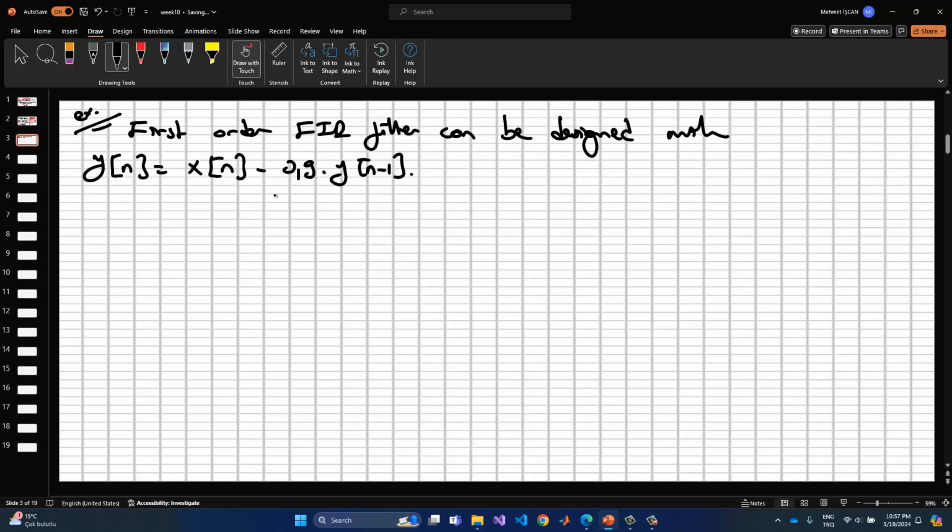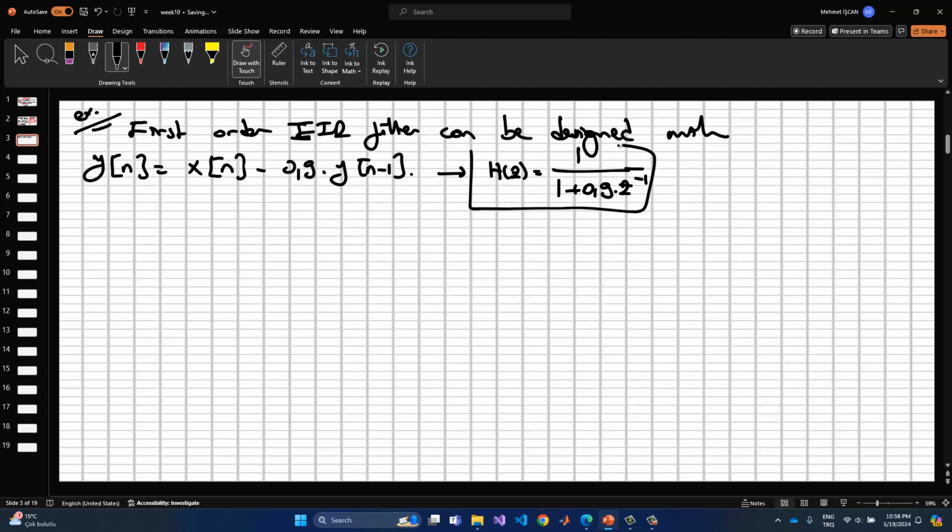This is a simple case for the IIR filter, the infinite impulse response filter. In the Z domain we can translate the whole pulse transfer function into 1 divided by 1 plus 0.9 z to the power of minus 1.